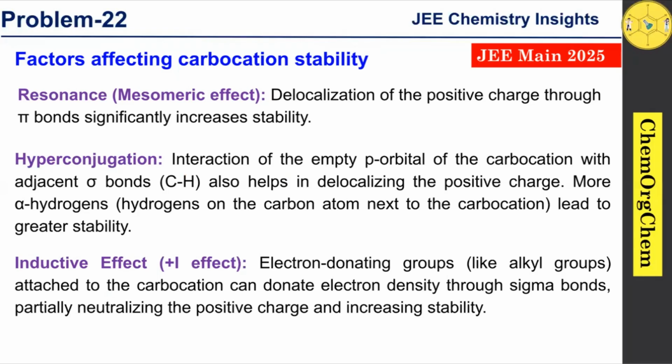Electron donating groups, for example alkyl groups attached to the carbocation, can increase its stability. Conversely, if an electron withdrawing group is directly attached to the carbocation, it can destabilize the carbocation. Now we are clear about these three important factors that affect carbocation stability. Based on these, we are going to solve our question.